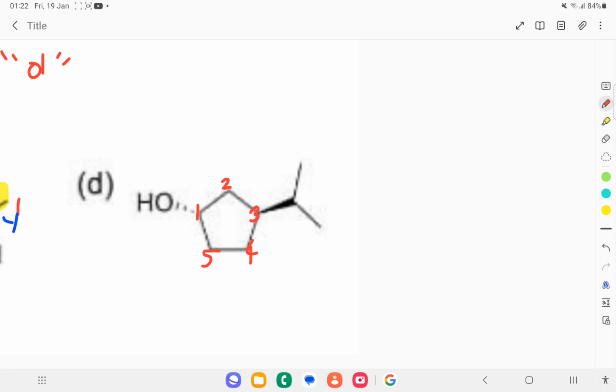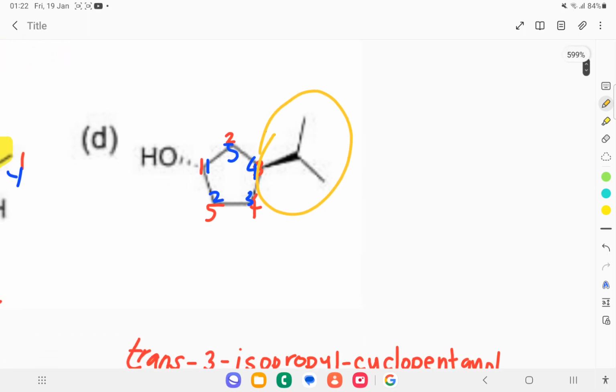If we start from the other side, let's say this is first and then the second, third, fourth, then the fifth, this substituent is located at the fourth carbon, which is not the lowest number. 4 is bigger than 3, so we must consider the red one.